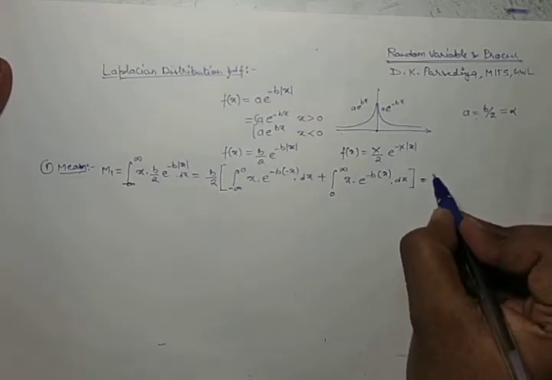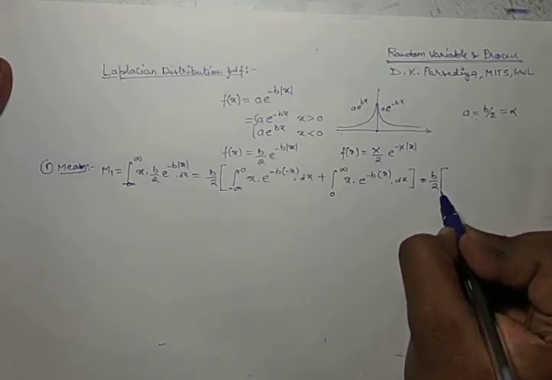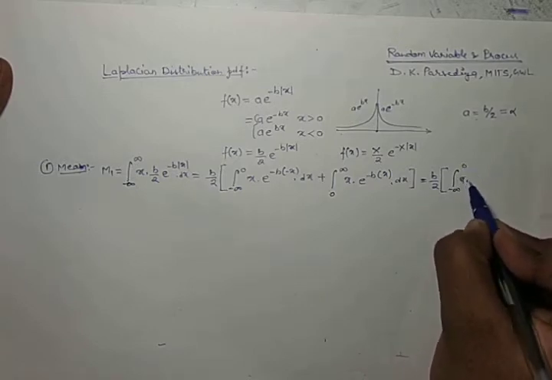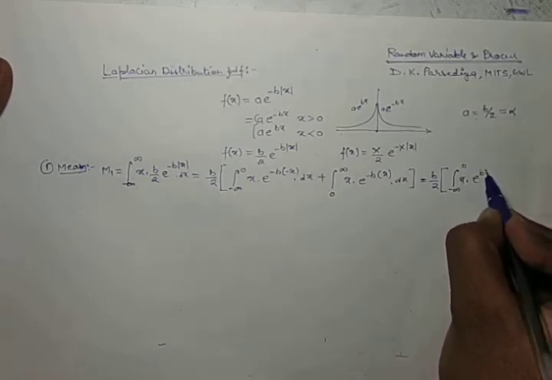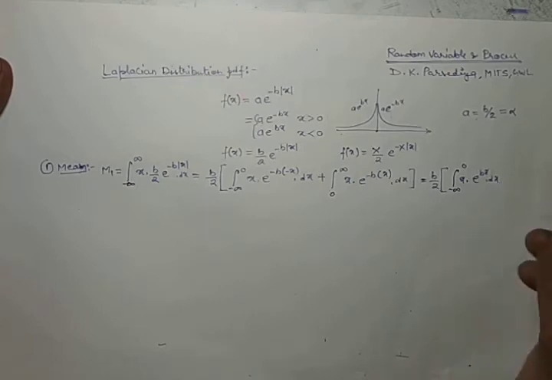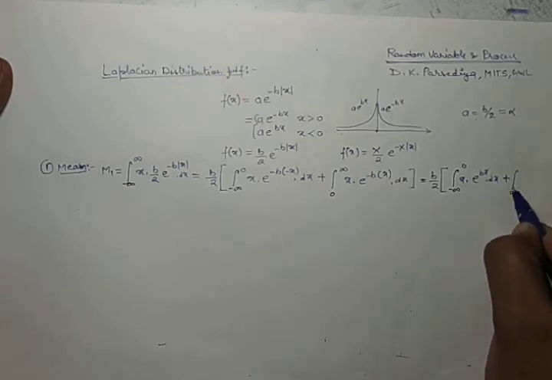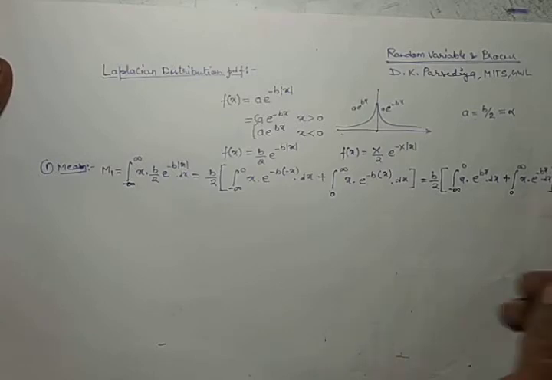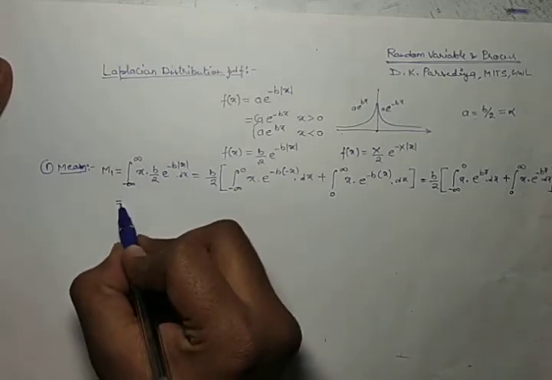So this will give us b by 2 times the integration from minus infinity to 0 of x e^(bx) dx plus the integration from 0 to infinity of x e^(-bx) dx.